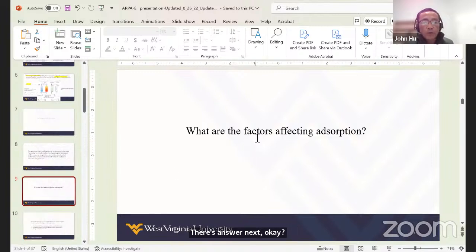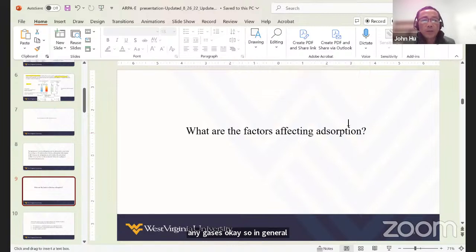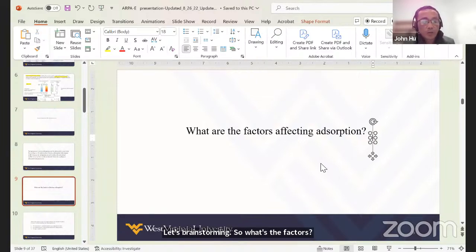Just for the factors affecting adsorption, it doesn't have to be ammonia. It can be carbon dioxide, any gases. Okay. So in general, let's brainstorm. What are the factors affecting adsorption? I'm talking about adsorption, not desorption.